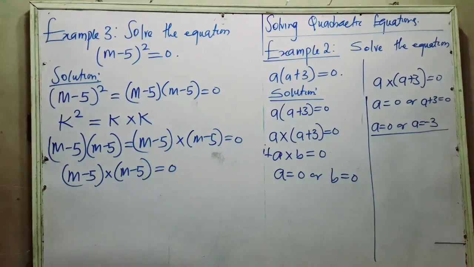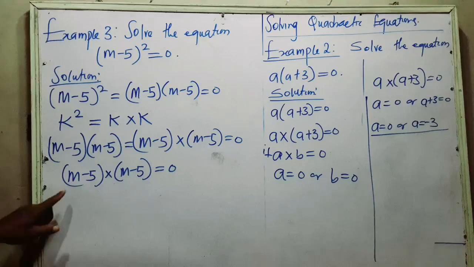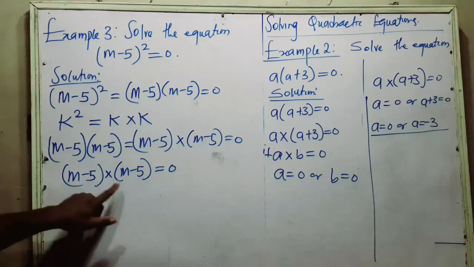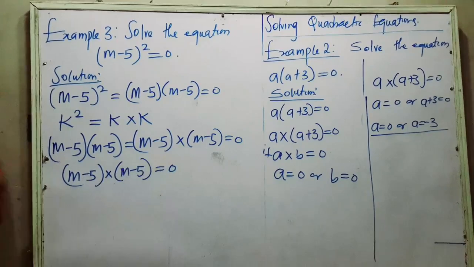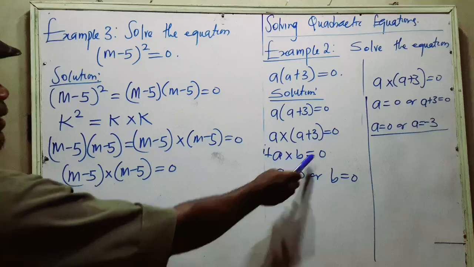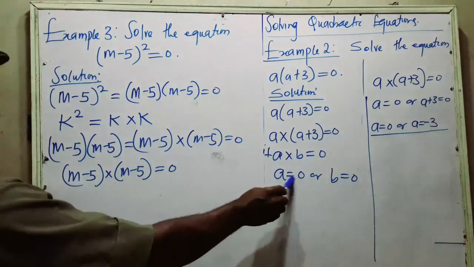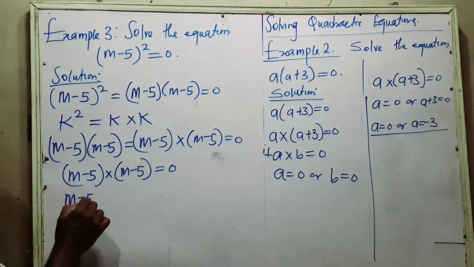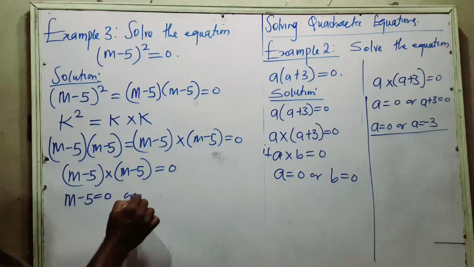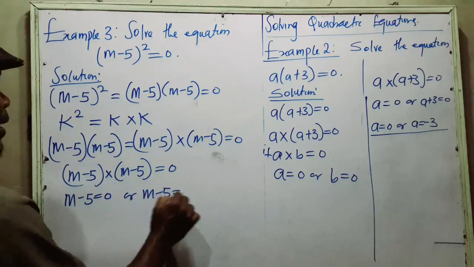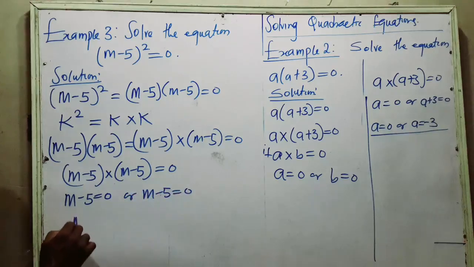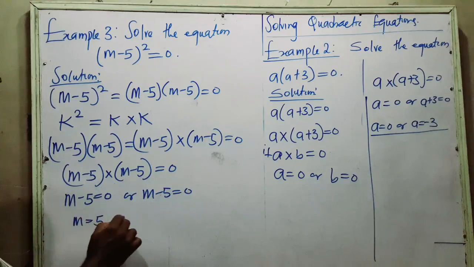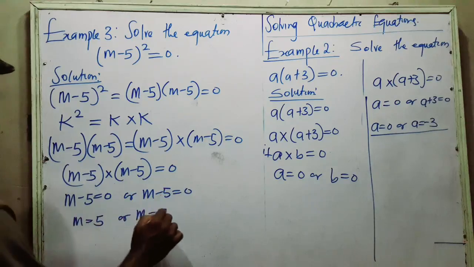So if (n minus 5) multiplied by (n minus 5) is equal to 0, with our definition that if a multiplied by b is equal to 0, it is either a is 0 or b is equal to 0. So we have n minus 5 is equal to 0 or n minus 5 is equal to 0. So n is equal to 5 or n is equal to 5.